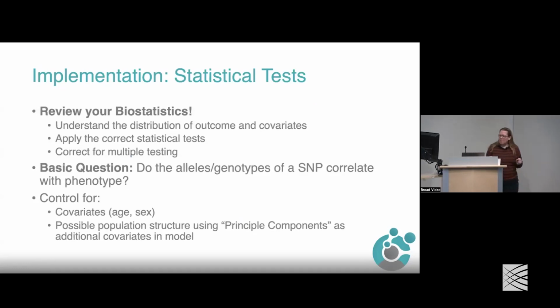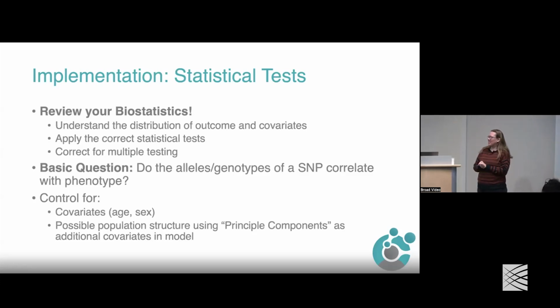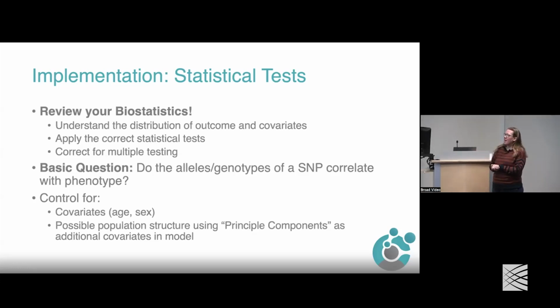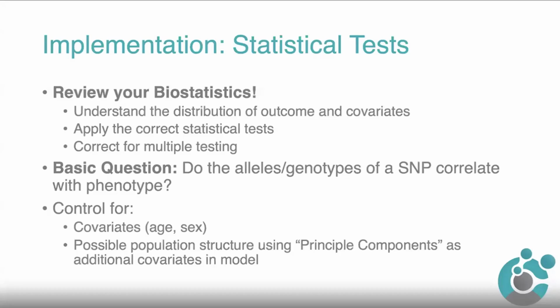All right, so implementing GWAS statistical tests here. I think it's really important that if you're about to embark on performing a genome-wide association study, or trying to understand one, that you find a good textbook that starts with some fundamentals in biostatistics and start understanding the distribution of your outcome and covariates and the correct statistical modeling.